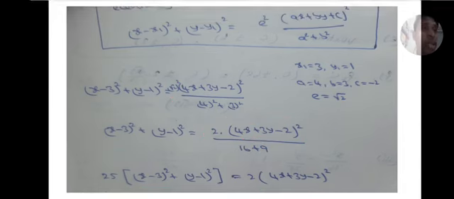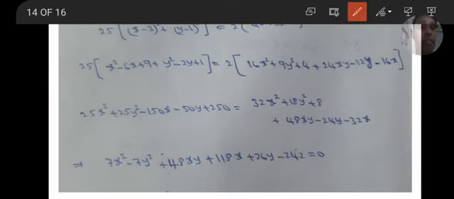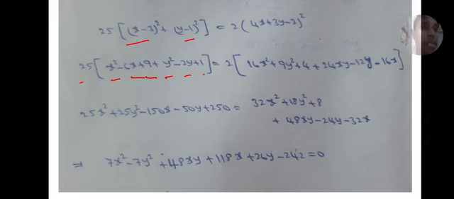So simplification, we get, this is (a minus b) whole square, that is 25 into (x square minus 6x plus 9), (a minus b) whole square, (y square minus 2y plus 1), and next here the (a plus b plus c) whole square formula, 2 into (16x square plus 9y square plus 4 plus 24xy minus 12y minus 16x), a square plus b square plus c square plus 2ab plus 2bc plus 2ca. Here c equal to minus 2, so the two terms will be negative.